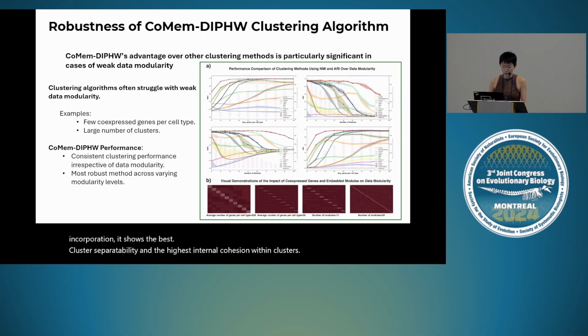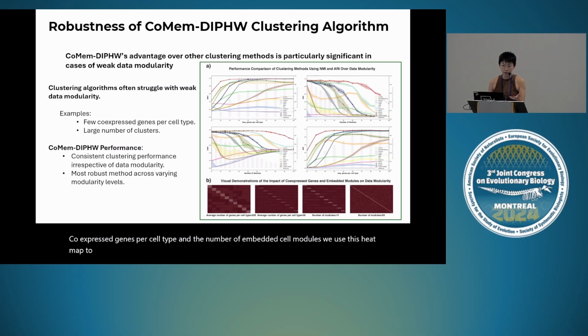Moving on, we also evaluate the performance of these clustering methods under different data modularity conditions. In our simulated data, we can control the modularity by adjusting the average number of co-expressed genes per cell type and the number of embedded cell modules. We use this heat map to visualize the modularity of our simulated data.